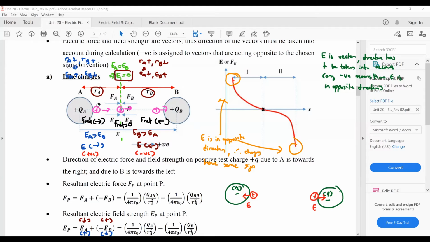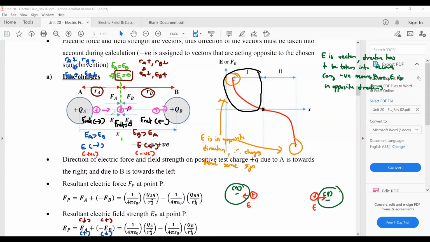So if you have a test charge that is now moving from here to here, you notice that your net force is acting in the same direction. The direction never changes, but its magnitude will decrease. You will see it from here. If I move from here to here, my net force is still in the same direction because the sign did not change.